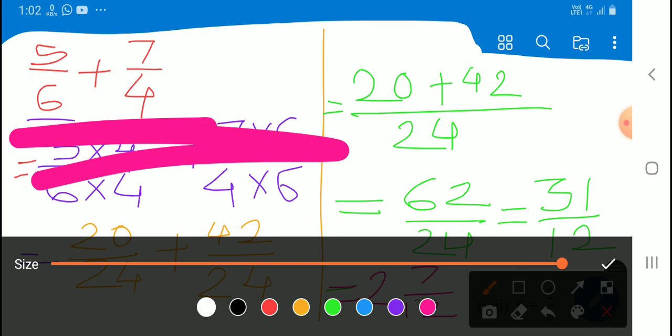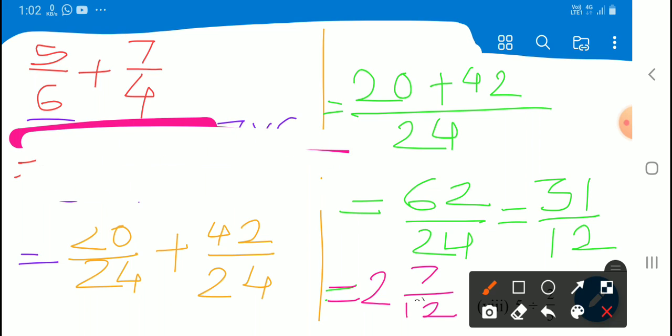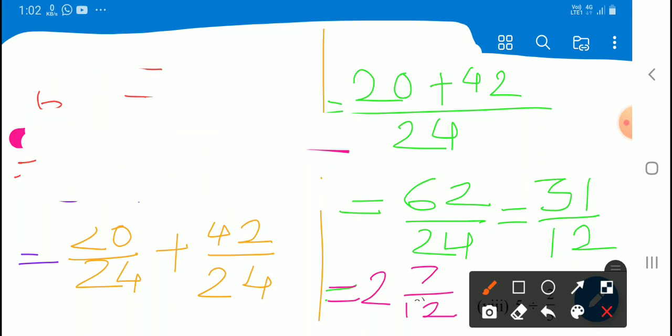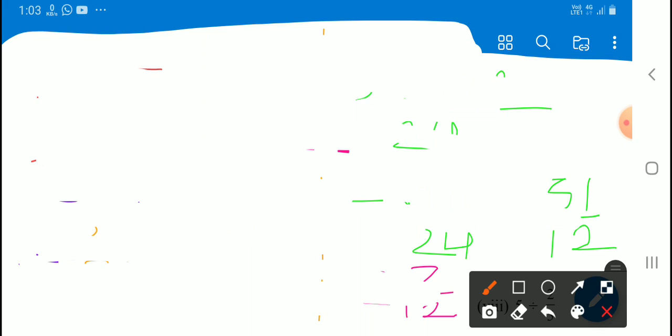First of all I will make a place here to solve the example. Now I will take the mixed numbers example. It was the addition of rational numbers.